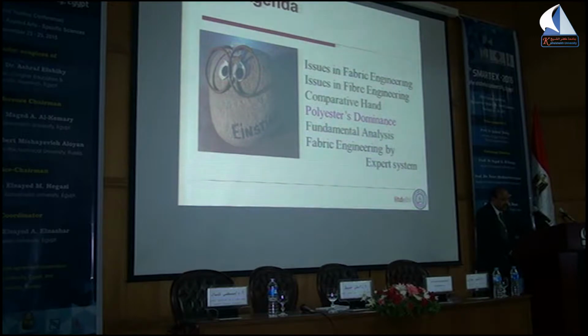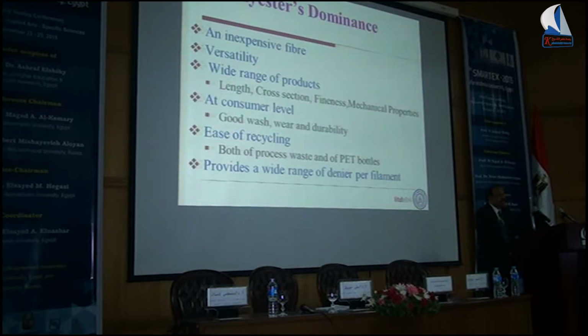If you look at the properties of polyester, definitely it's a dominant fiber all over the world. It's a highly versatile fiber. It has many plus points. Most of the plus points are mentioned here.